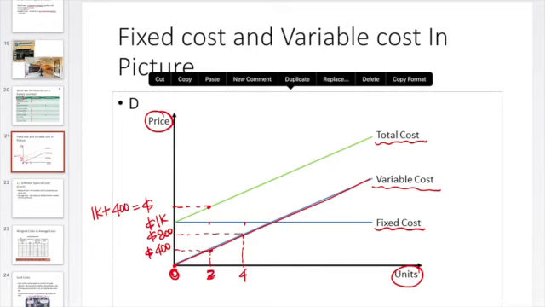So that total cost is going to be 1,400. Okay, that's all about this chart.